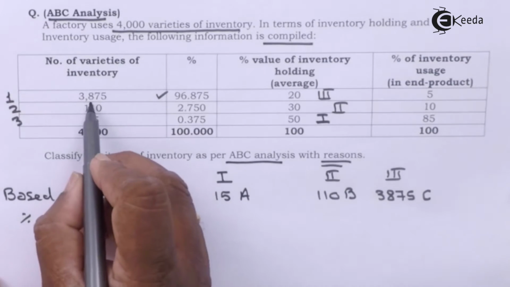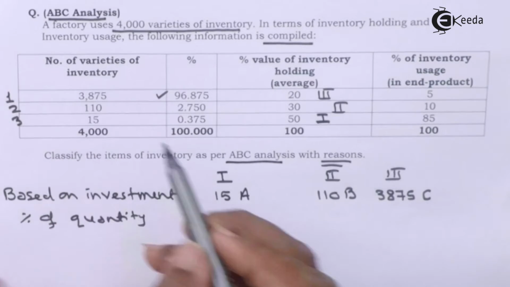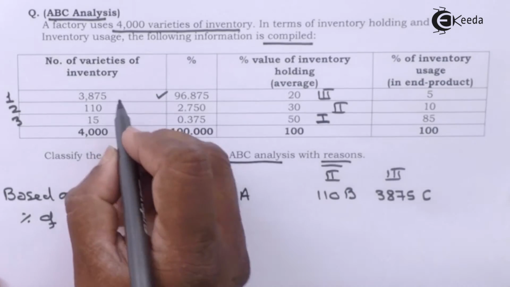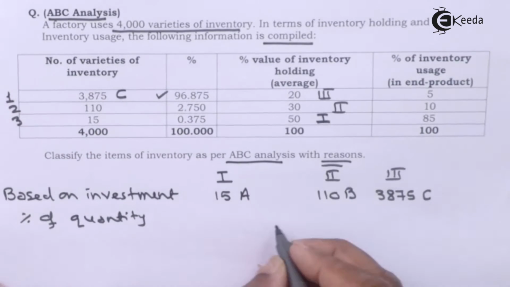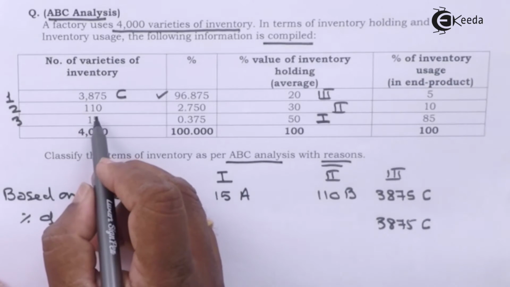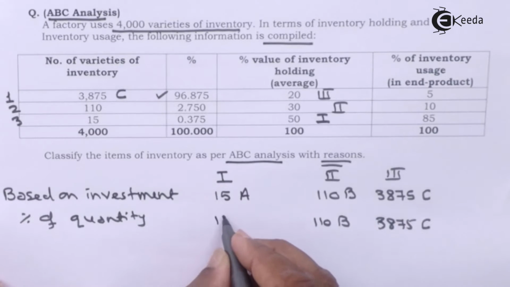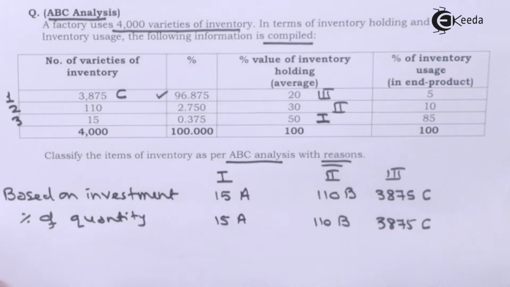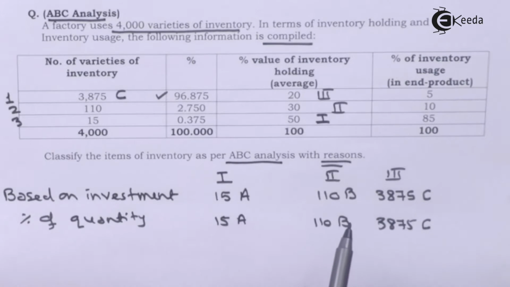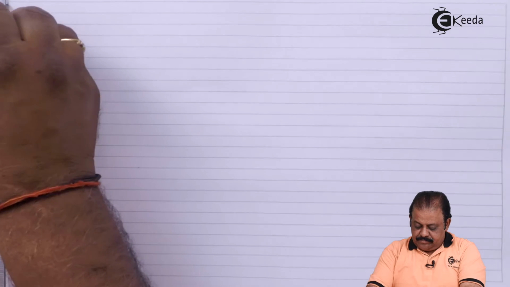Here 3875, this is the maximum number, so it will be put in C category. 110 numbers, B category, and finally 15 will be in A category. So this is how basically we can have classification of items based on their numbers and amount of investment.